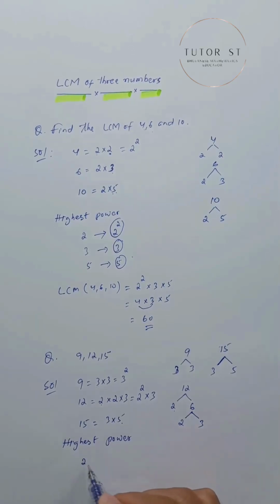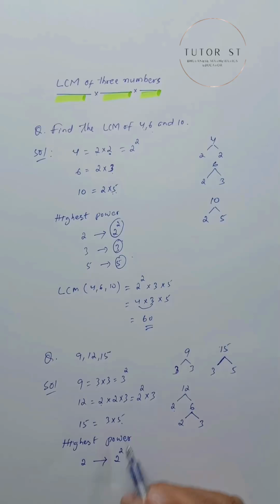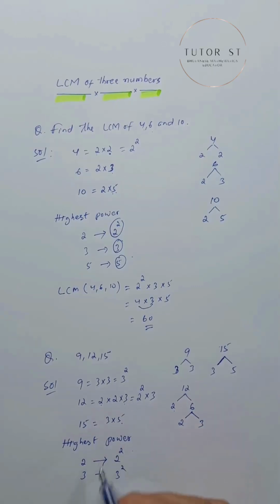The highest power of 2 is 2 raised to 2, the highest power of 3 is 3 raised to 2, and the highest power of 5 is simply 5, which is 5 raised to the power of 1.